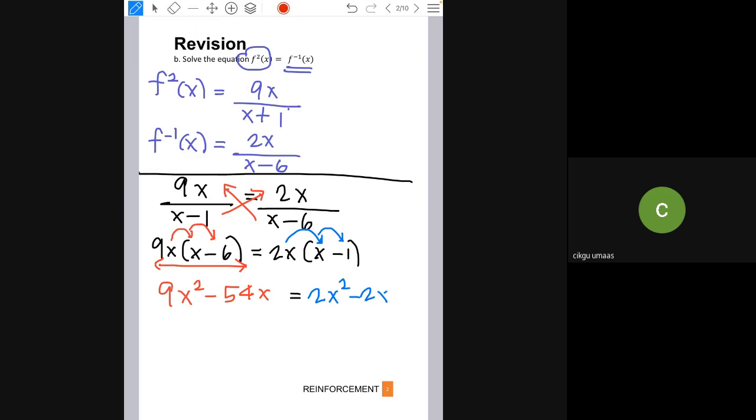Okay, let's solve it. We move it to the other side. All right, so I'm going to get 9x squared minus 54x minus 2x squared plus 2x equals 0.